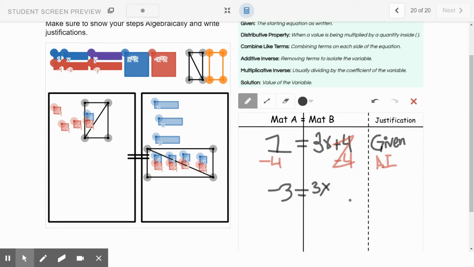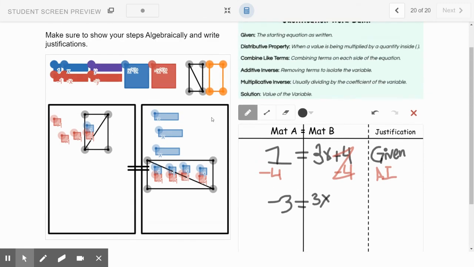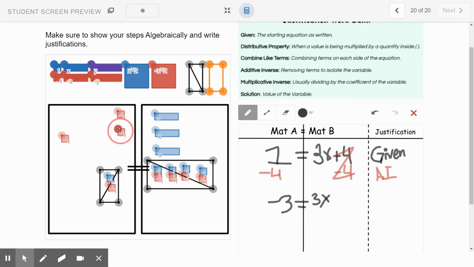Okay, so now what I need to do is try and find the value of just x. I'm actually going to move this down here so I can make a little bit more room for myself. Well, I have 3 x's on mat B, and I want to know the value of just 1 x. So what I'm going to do is use the multiplicative inverse.